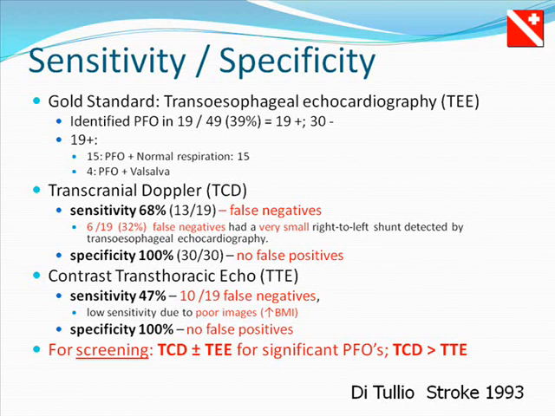So one could arguably say that transcranial Doppler was comparable to transesophageal echo for significant PFOs from a screening point of view. So transcranial Doppler and by extension carotid Doppler are reasonable equivalents from a screening point of view.